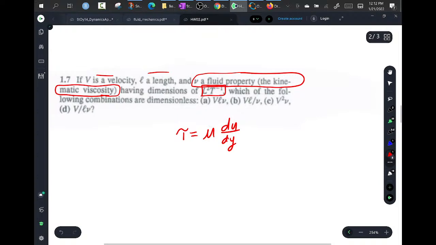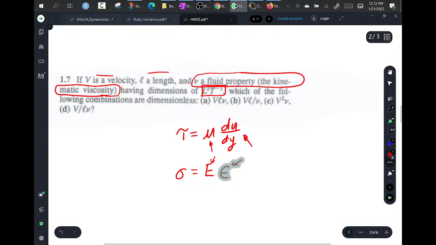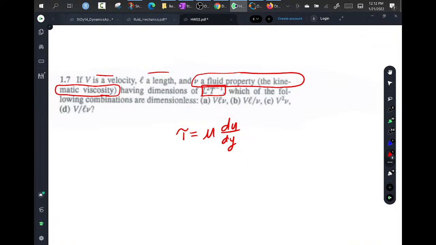It is, again, similar to, and here it depends on what symbol you use, this is modulus of elasticity, which fulfills a similar role. This is the strain, and this is the strain rate. So this relationship is the same, actually. And if you get in a continuum mechanics course, you'll see them representing it that way.